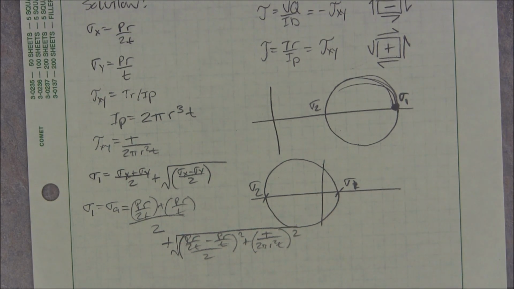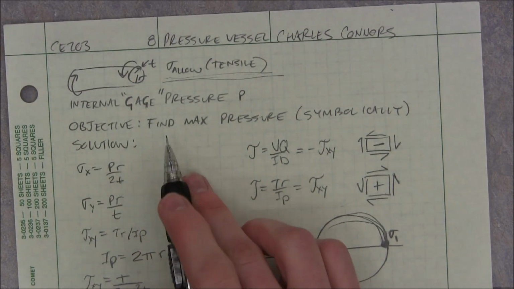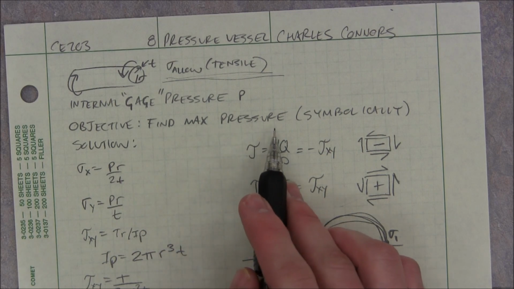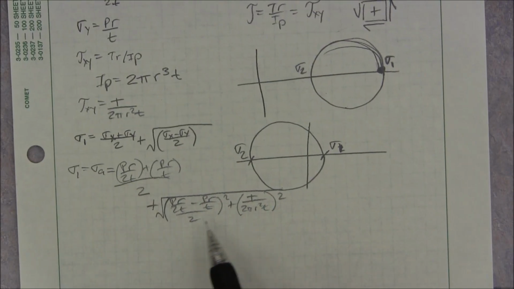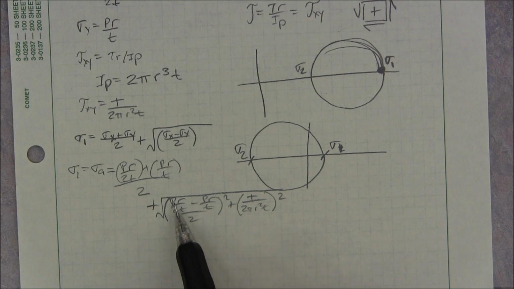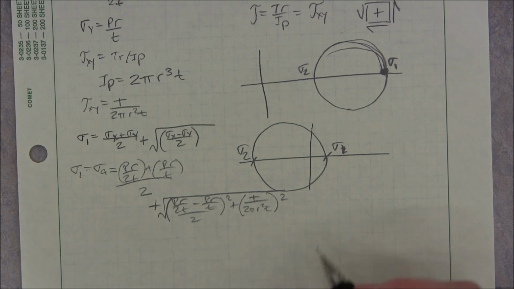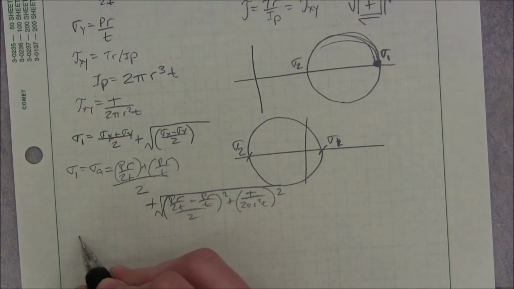All right, what was our objective again? We're looking for maximum pressure, right? So this is going to get a little bit ugly because I want to isolate my P. So let's try to work through that.